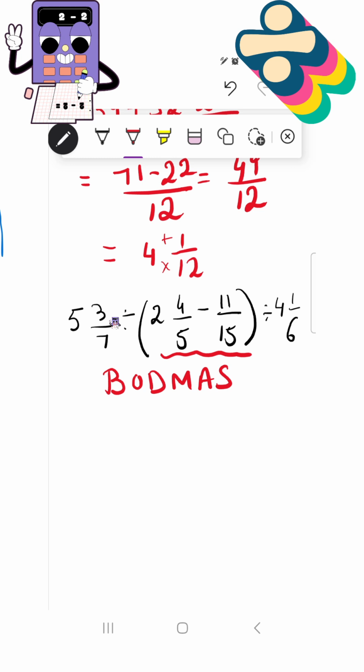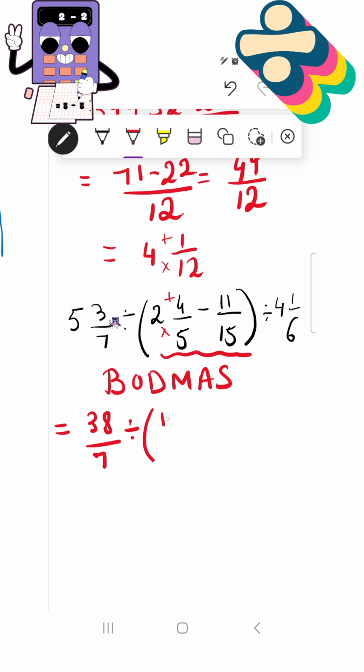You can underline whatever operation you have to do first. Okay, so equals, again you are going to change the mixed fractions into improper fractions. So it will become 35 plus 3, 38 by 7 divided by, it will remain as it is because you have to solve the bracket first. So again I am going to change this into an improper fraction.